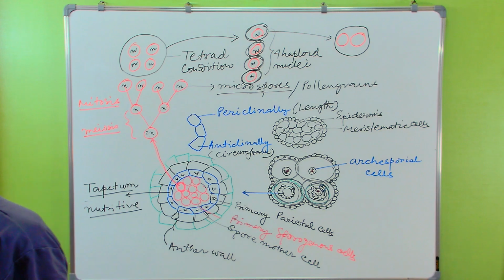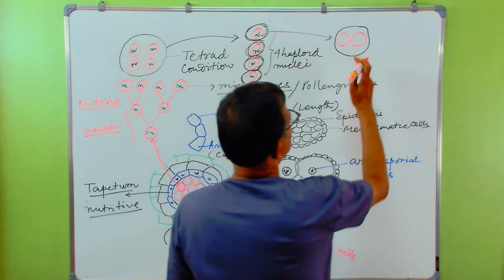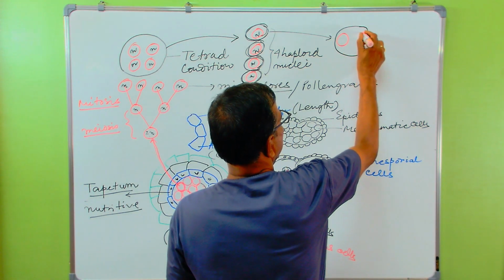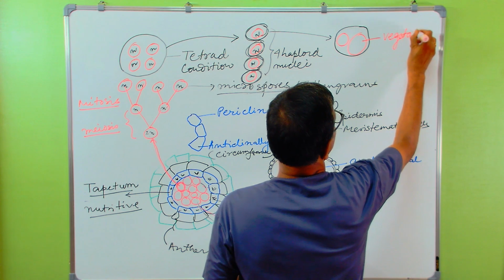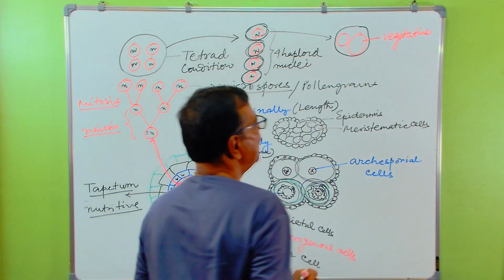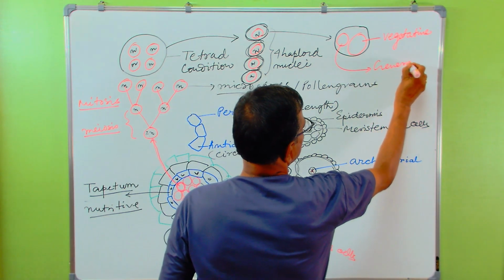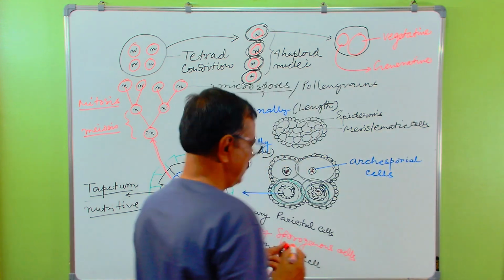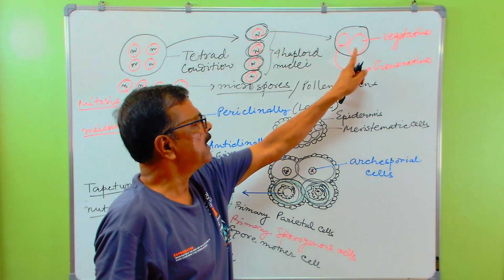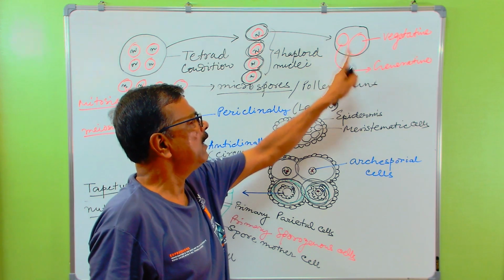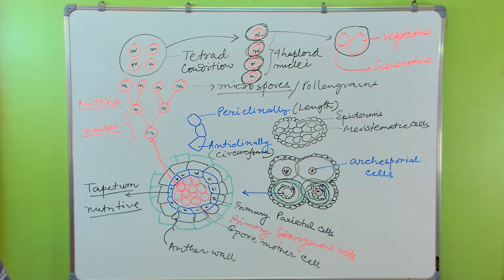It will produce 2 cells, a large vegetative cell and a small generative cell. So it is not that large, but I am making it a larger one. Now the 4 haploid nuclei each will produce one big vegetative cell and a small generative cell.